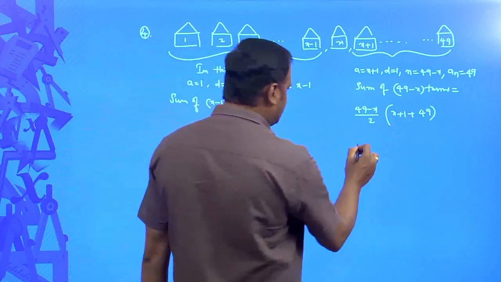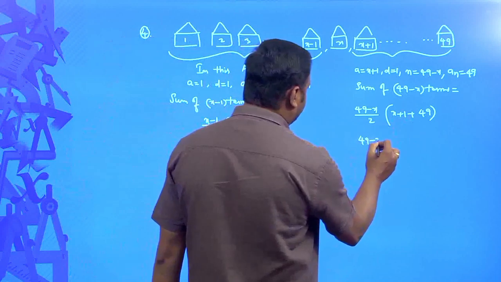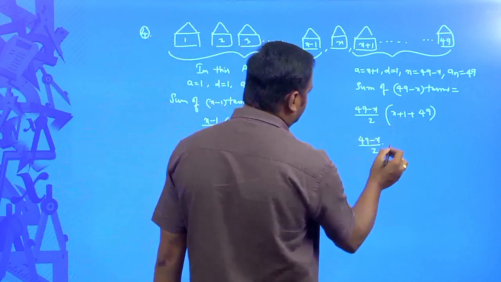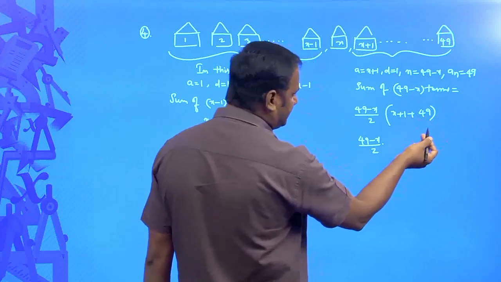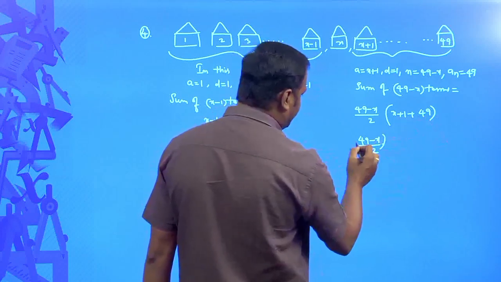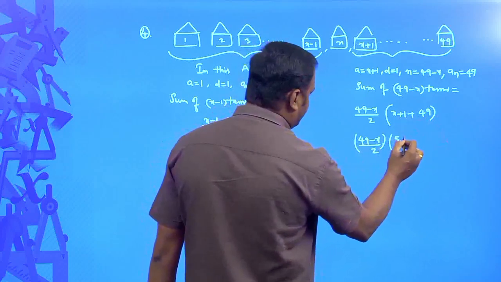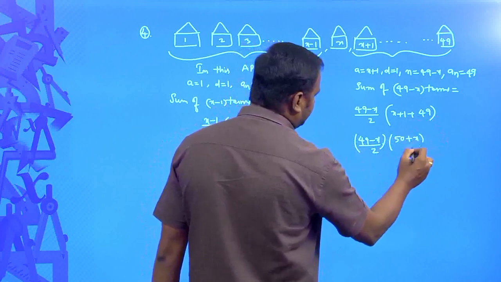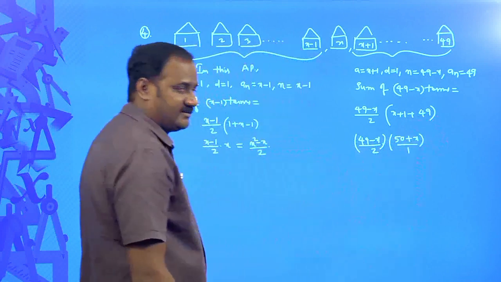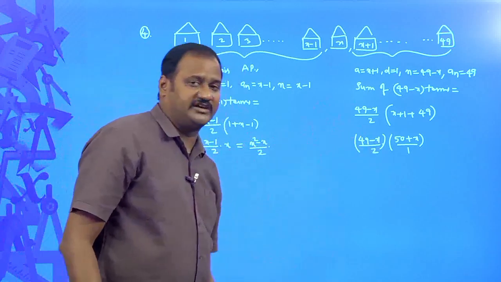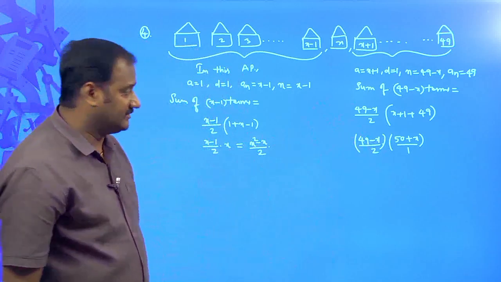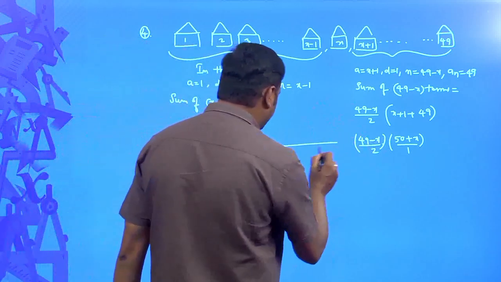So this is (49 minus x) divided by 2 into x plus 1 plus 49, which is 49 plus 1 equal to 50 plus x. So it would be (50 plus x) divided by 2. Okay, this sum as well as this sum are both equal according to the given problem. So this sum is equal to this sum.